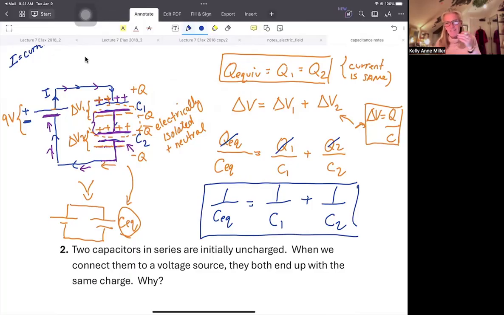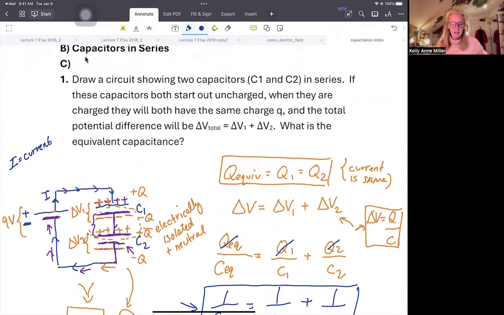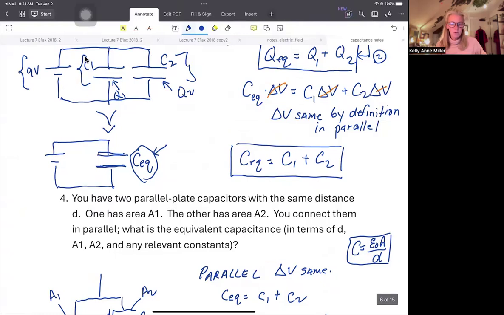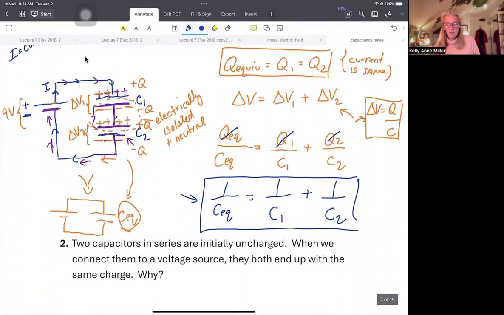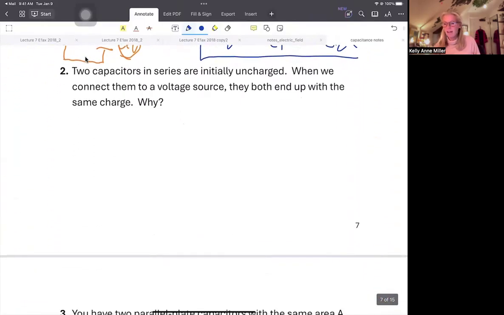You don't have to derive it every time. You just know that when you see two capacitors in series, they add in this way, just like if you see two capacitors in parallel, they add in this way. I just wanted to derive it for you once, so that you never really have to do it again once you've seen it once.